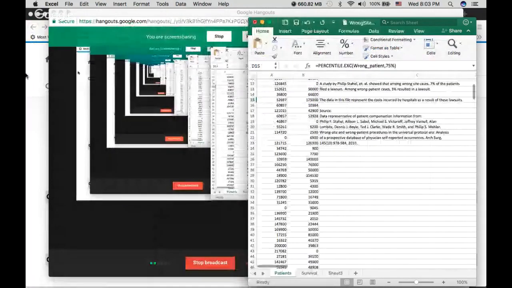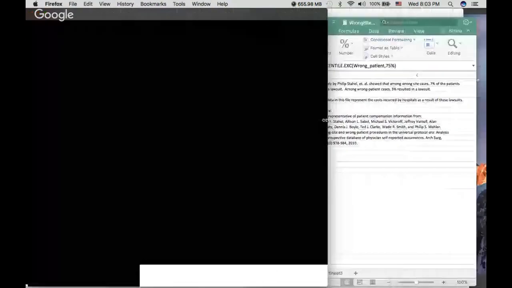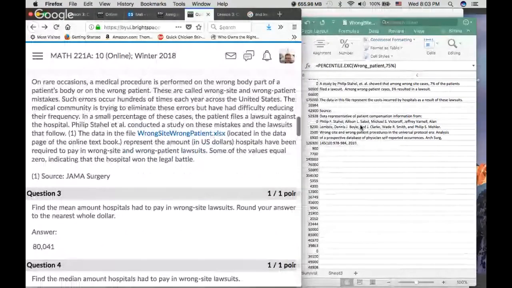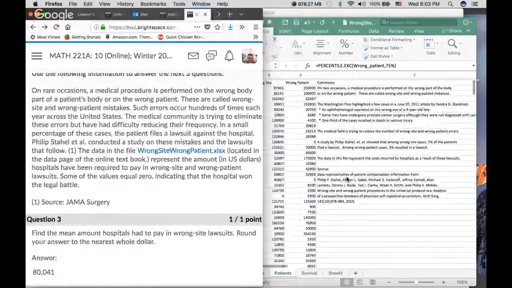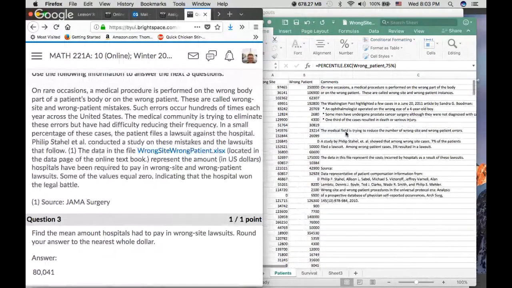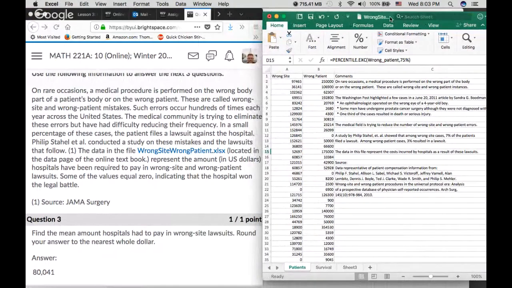So we use the pre-established spreadsheets. We're going to use the wrong site, wrong patient one first, which is this one.